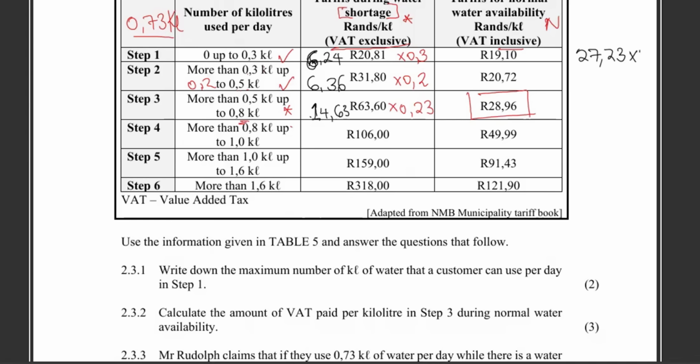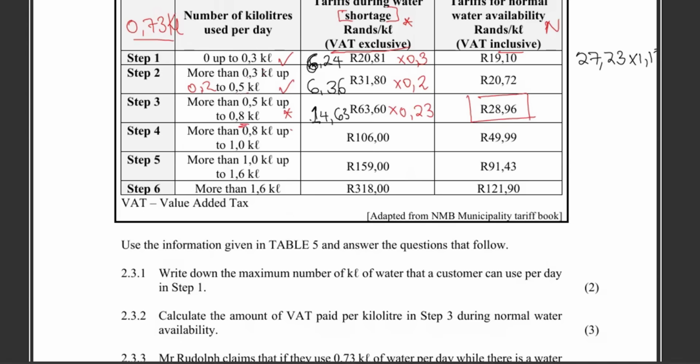So we multiply the answer we've got by 1.15. So yes, 31 rand 31 cents. Remember, his claim was he's going to spend less than 30.